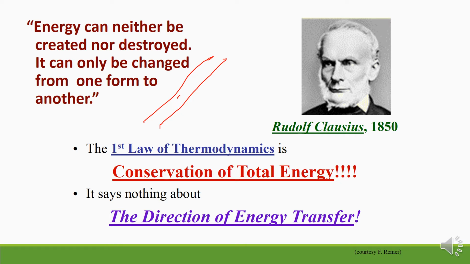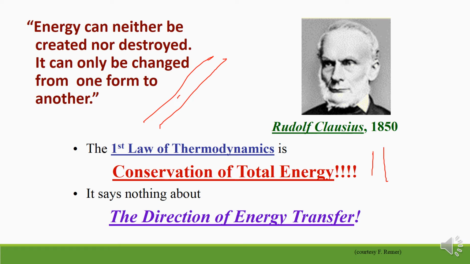So this is the first law of thermodynamics. It tells about the conservation of total energy. Remember, this law is very important because in chemical engineering you must have studied process calculation.